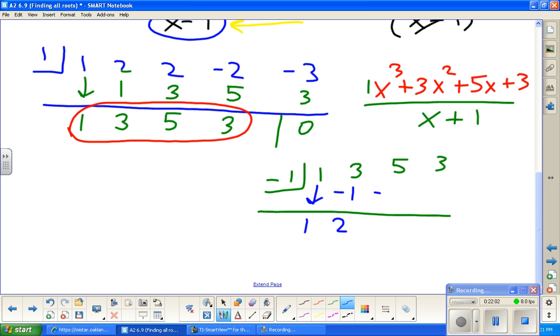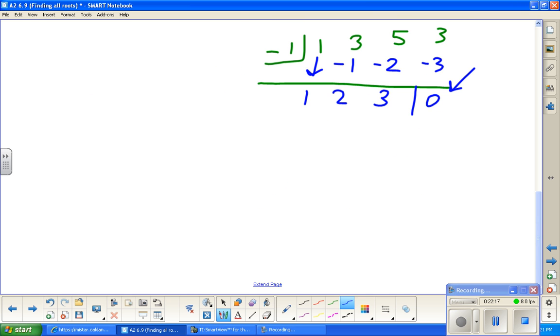Multiply it by the negative 1. Add straight down. Multiply. And again, it better be 0. It better go in evenly if we knew it was a factor from the beginning. Okay, that is our other factor, or that is the coefficients of it. x squared plus 2x plus 3.